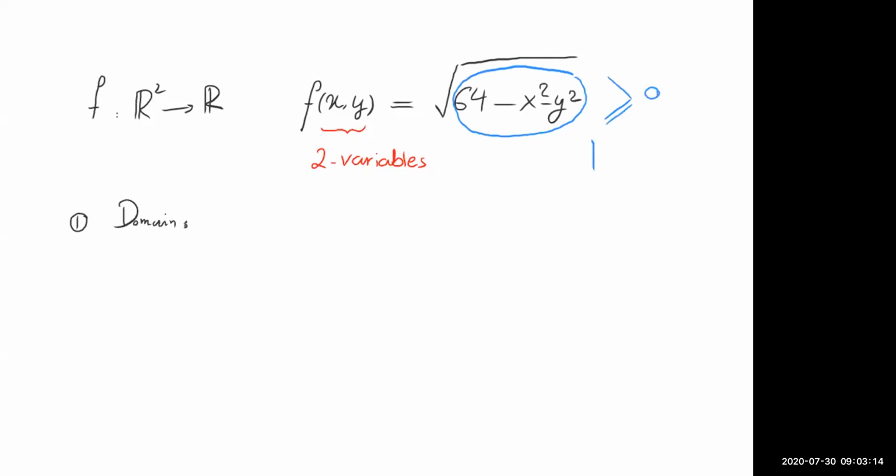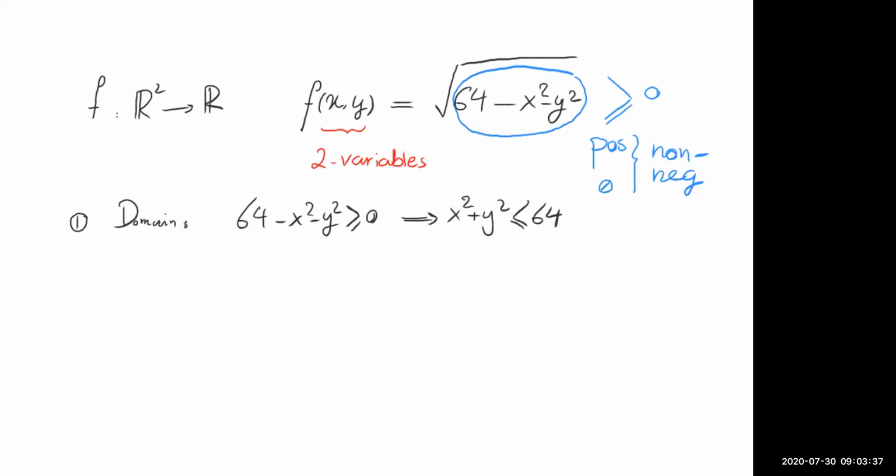We call this non-negative. So 64 minus x squared minus y squared should be greater or equal than 0, which means x squared plus y squared should be less or equal than 64.